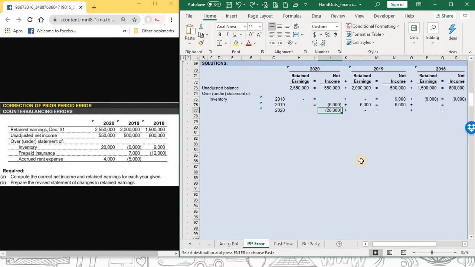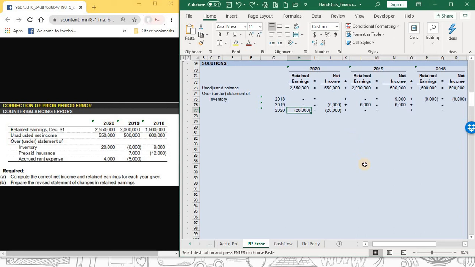And of course, if the 550,000 is part of the 2.55 million retained earnings at the end of 2020, it means that the ending retained earnings in 2020 is also overstated by 20,000 pesos. That is why the 20,000 peso deduction must also be part of the retained earnings adjustment.